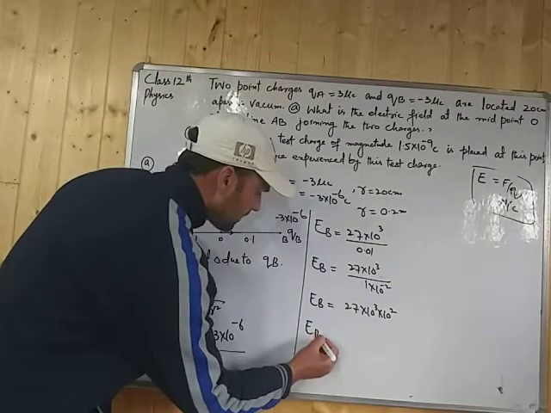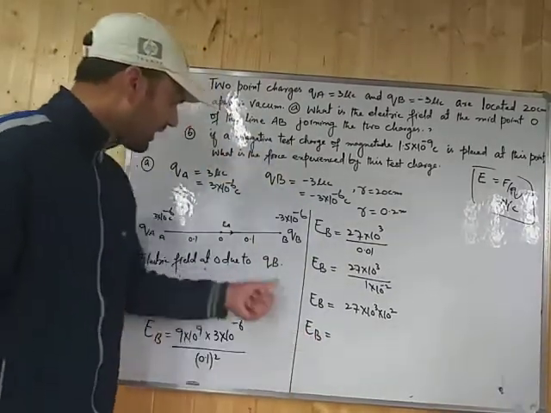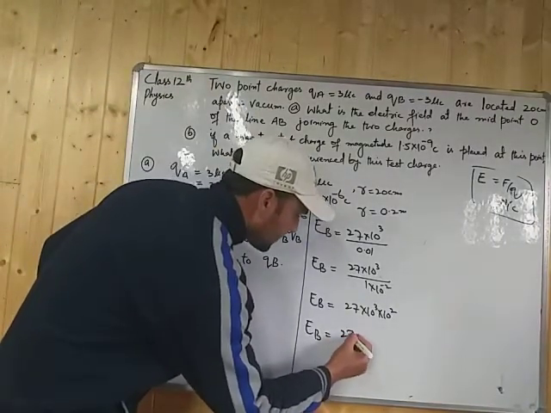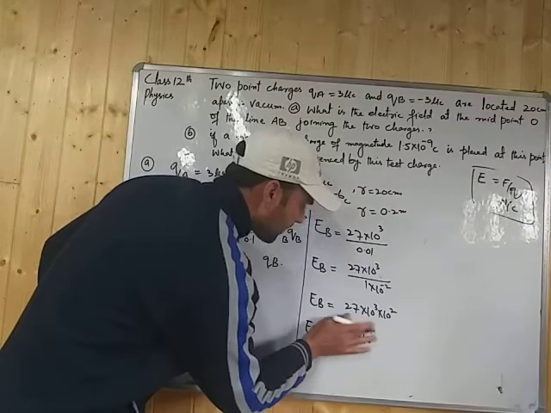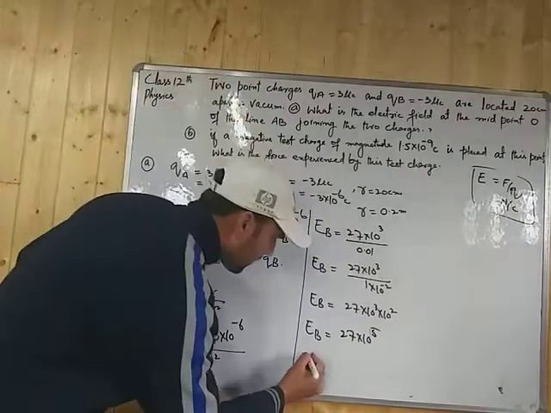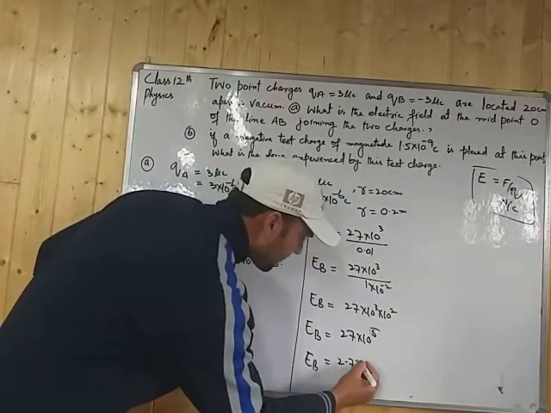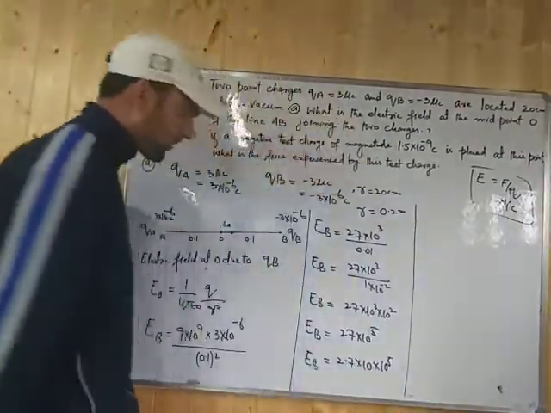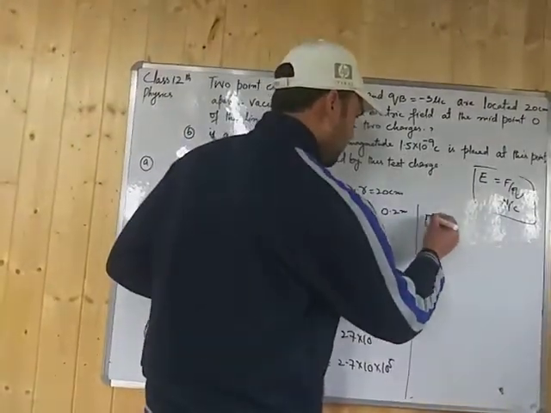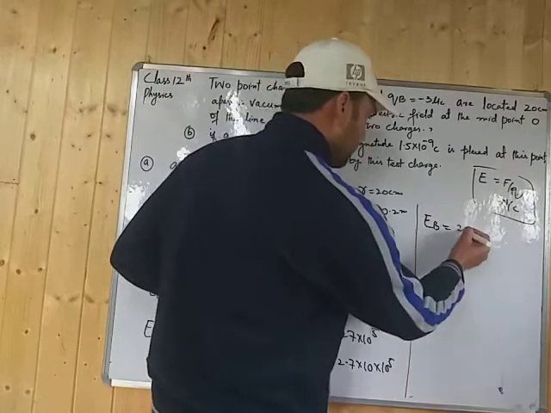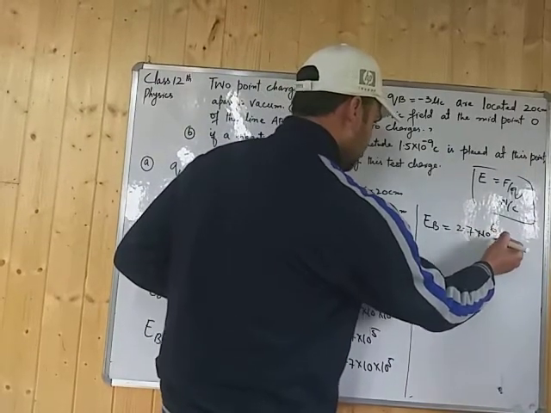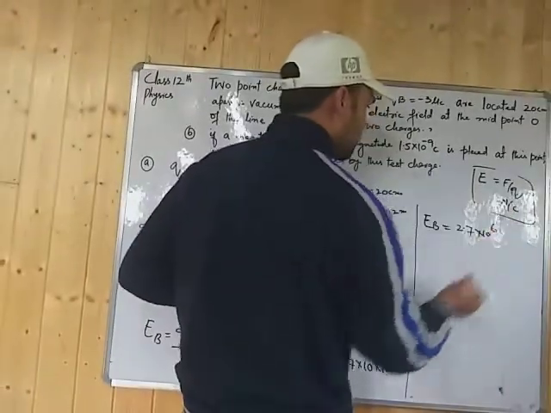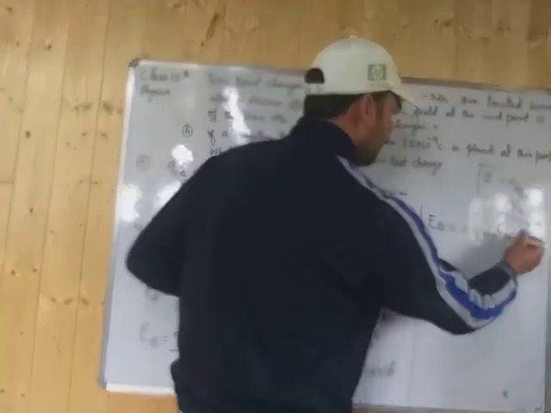So EB, the electric field at point O due to charge B, is 27 into 10 raised to power 5, or 2.7 into 10 raised to power 6, and the unit of electric field intensity is Newton per coulomb.